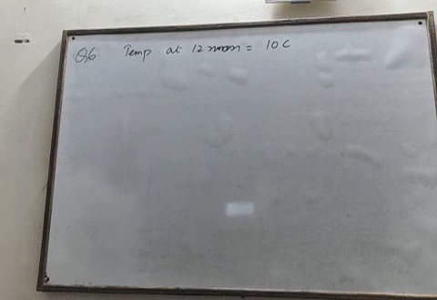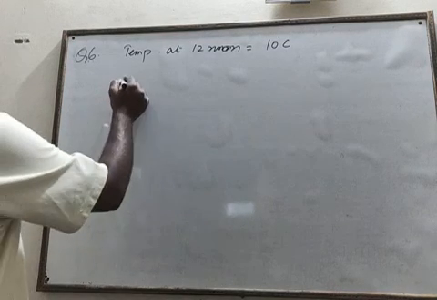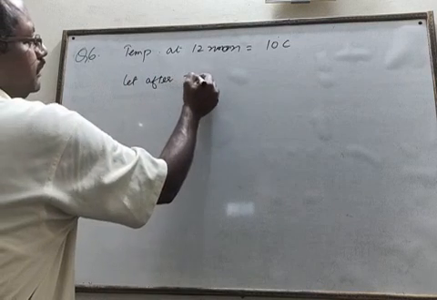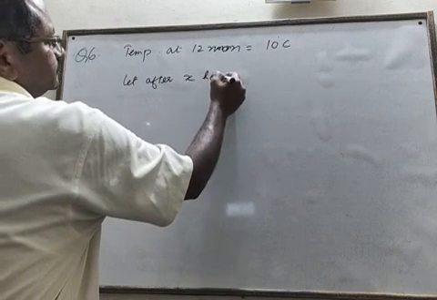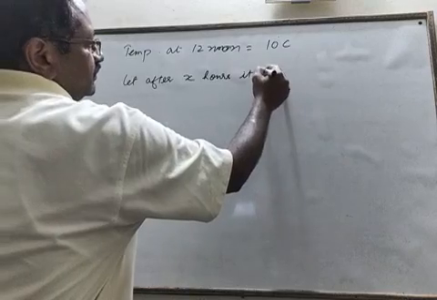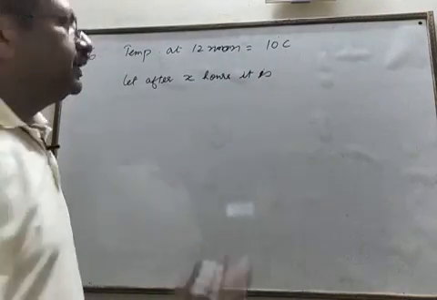So in 1 hour, it is decreasing 2 degrees. So we will suppose, let after x hour, it is 8 degrees Celsius below 0.